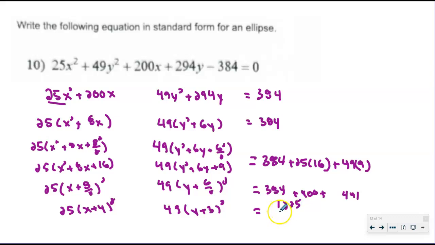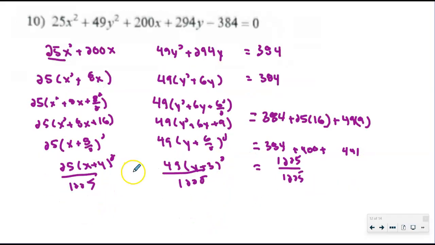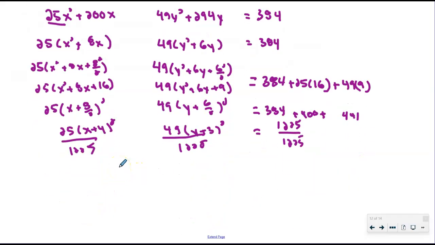Now remember, with the standard form of an ellipse, we want to get a 1 on that right side, so we're going to divide everything by 1225. And when I do that, I end up with x plus 4 squared over, 25 goes into 1,225 49 times.